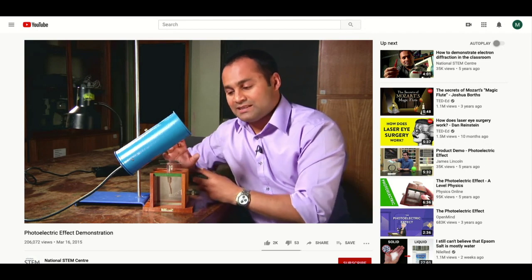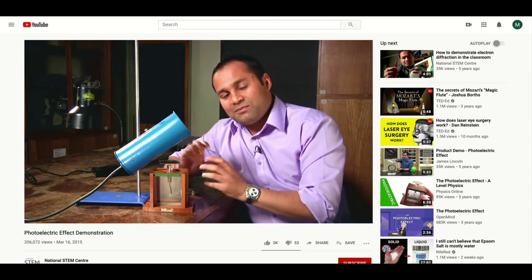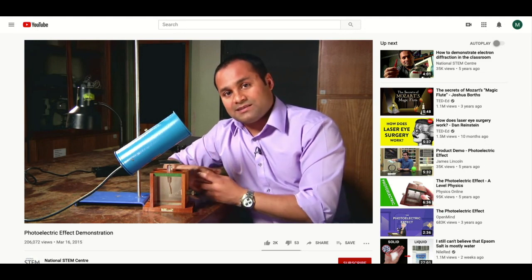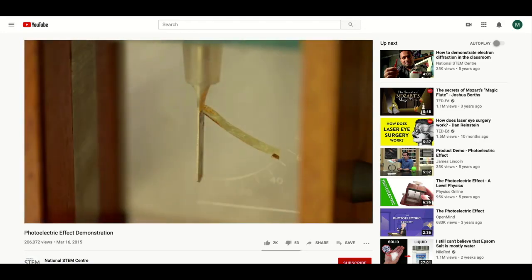Remember, with visible light, it doesn't matter how bright it is or how long it shines for, it doesn't release any electrons. Now, this phenomenon cannot be explained using a wave model of light, but we can understand it if we adopt the idea that radiation arrives at the plate as packets of energy, which we can call quanta or photons.